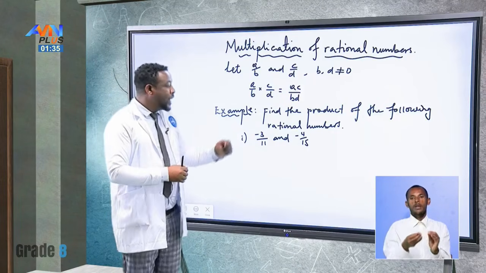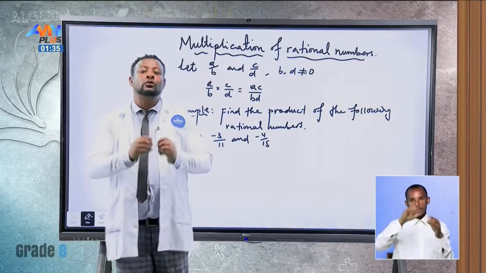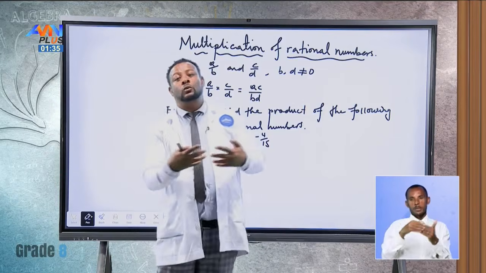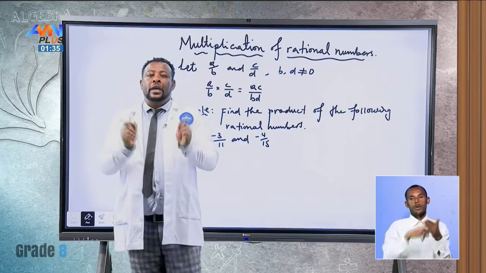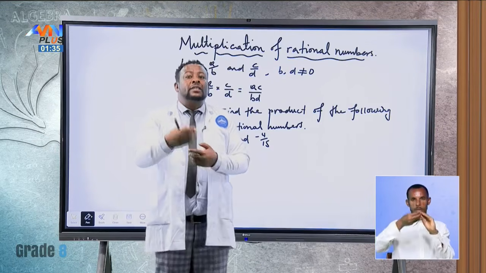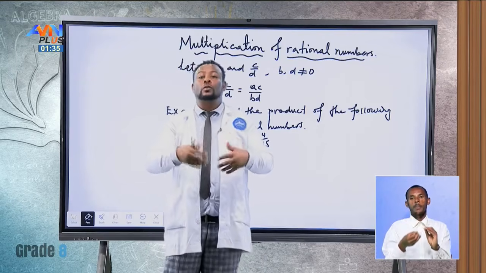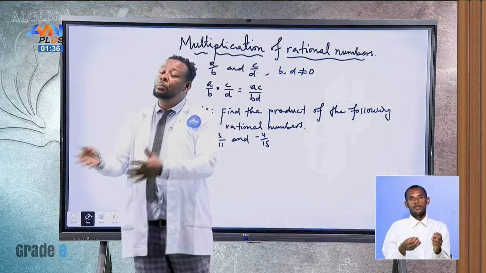Before I start calculating the product of these two rational numbers, I have to tell you some of the principles associated with the product. If we have two positive rational numbers, the product of the two rational numbers will be positive.